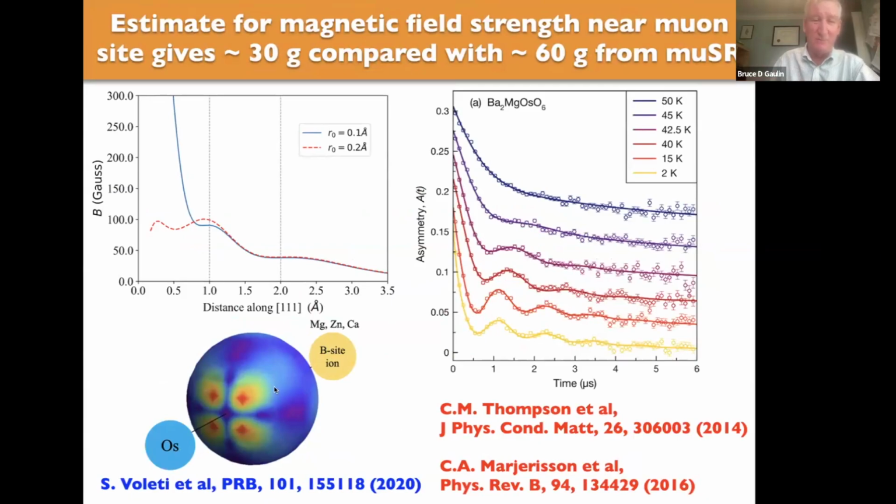And actually, if you place the muon at an oxygen site and ask what magnetic field it would sense, our best estimate was around 30 Gauss. And the estimate from the analysis of the MuSR data is 60 Gauss. So they're off by a factor of 2, but they're in the same ballpark.